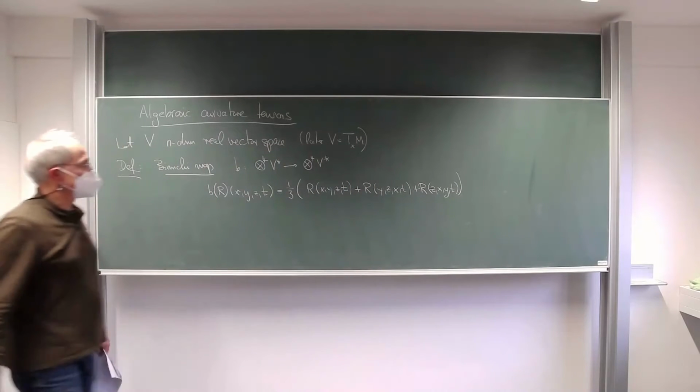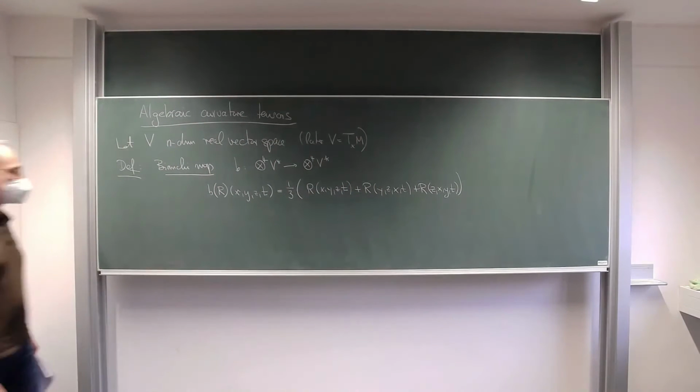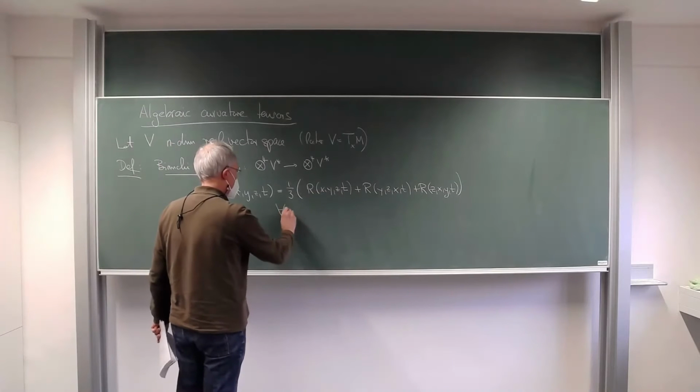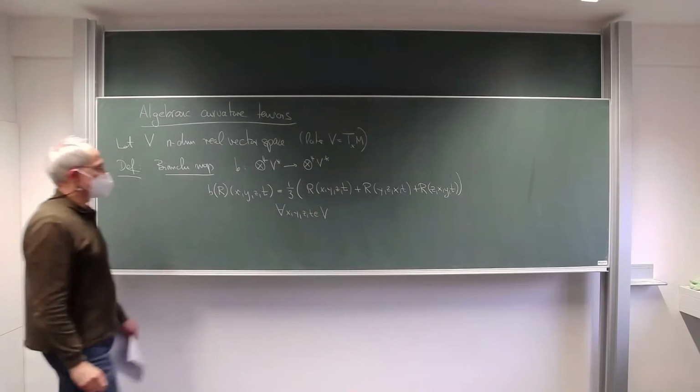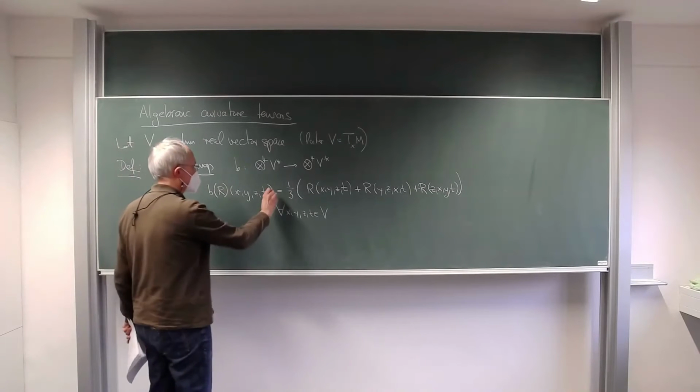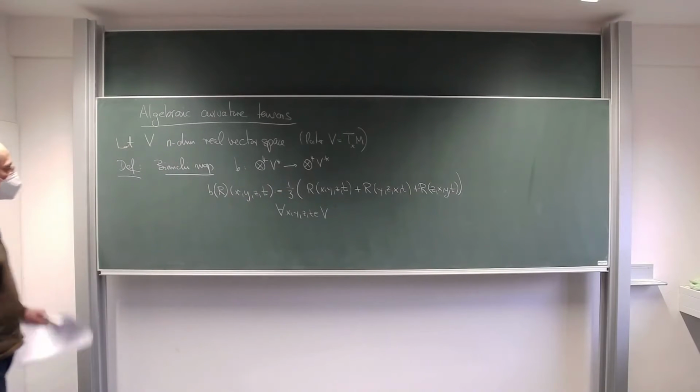So this averaging procedure, which for all x, y, z, and t in V. So that's my definition. That's the Bianchi map.